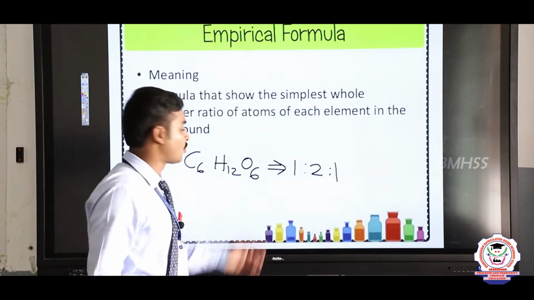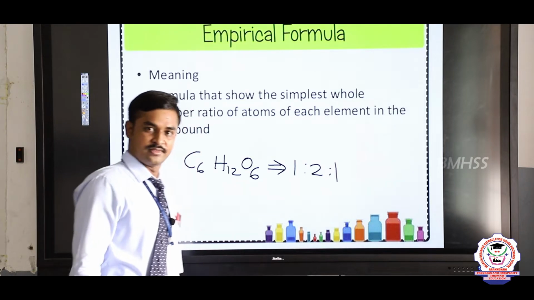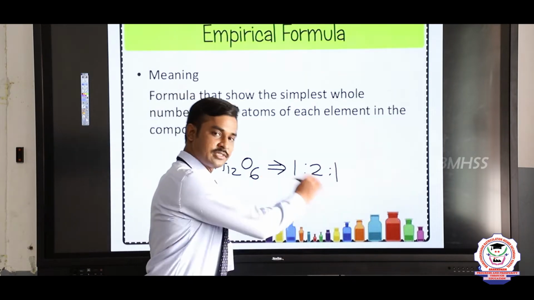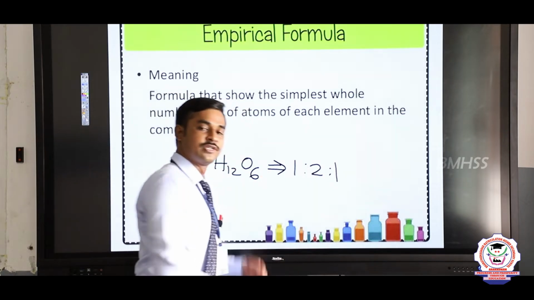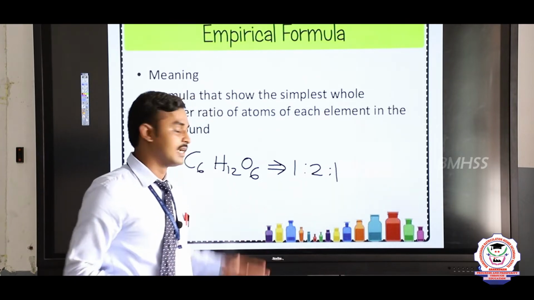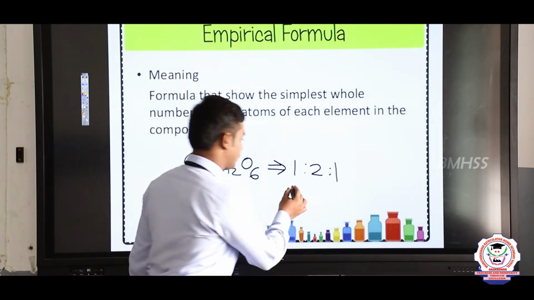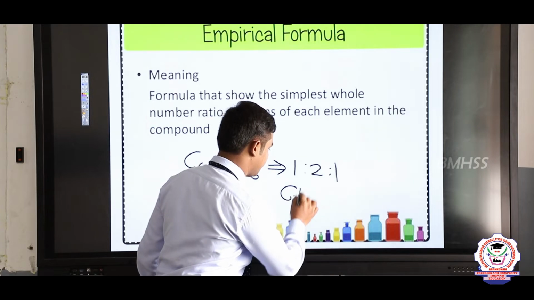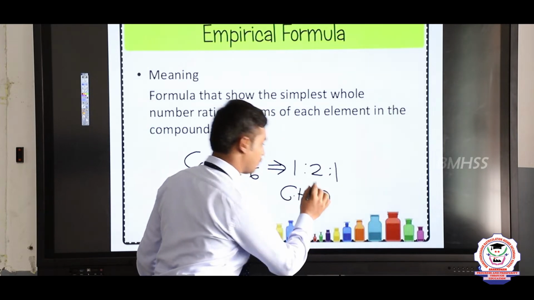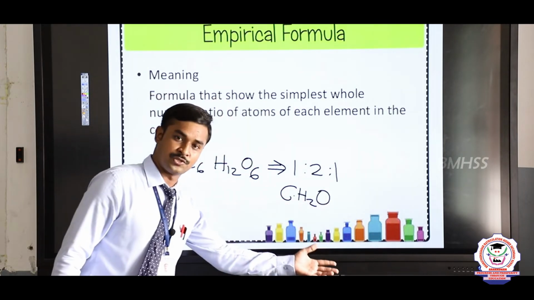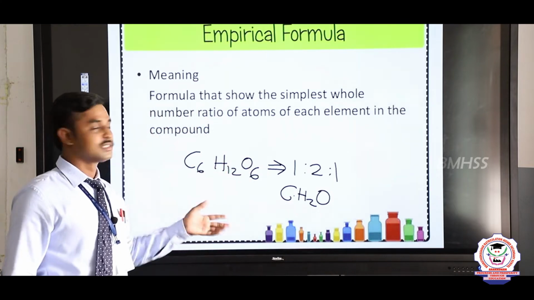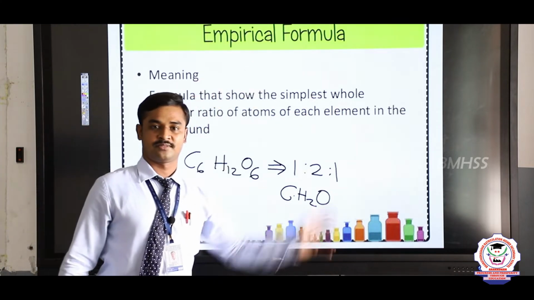So the ratio is 1:2:1. This is the simplest ratio. If you write the compound using the simplest ratio, it is the empirical formula. So the compound is CH2O. It is the simplest ratio of the glucose molecule, and this simplest ratio is the empirical formula.